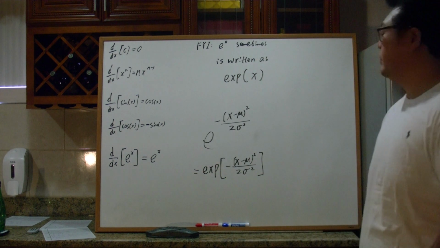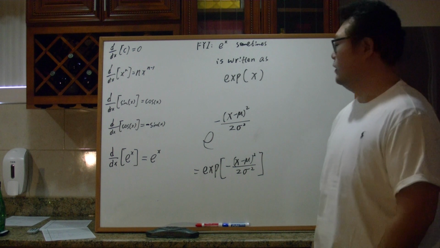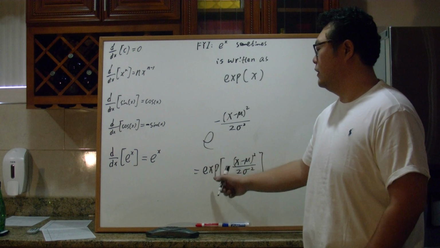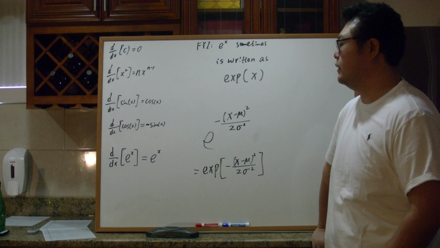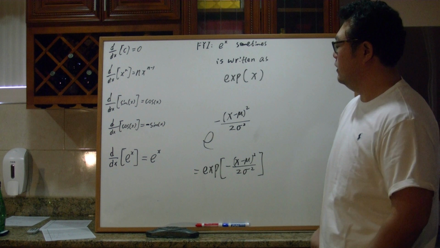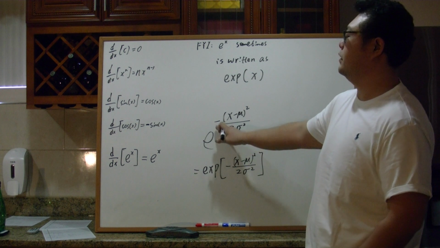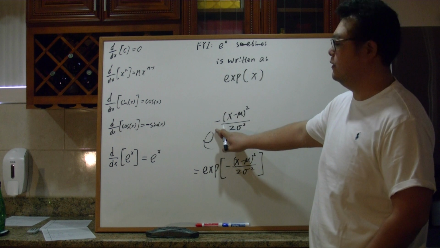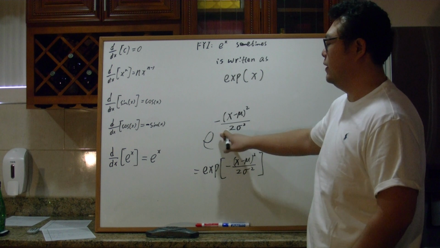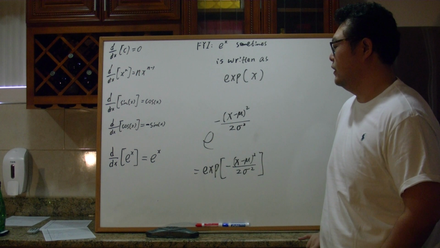Sometimes it could be written as this expression, with e written as exp of the expression, which is a little easier to read, right? Because when printing on paper or handwriting, it is hard to distinguish whether this relatively larger piece is a power or maybe just e minus something. It will be hard to see.